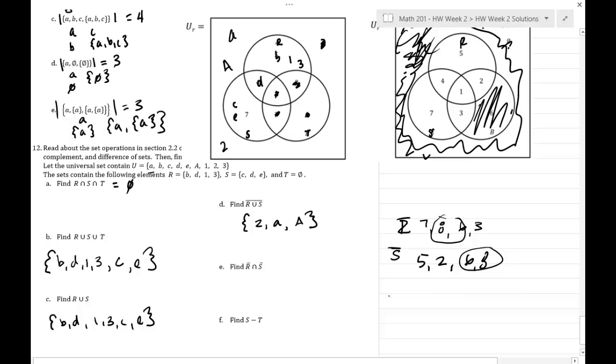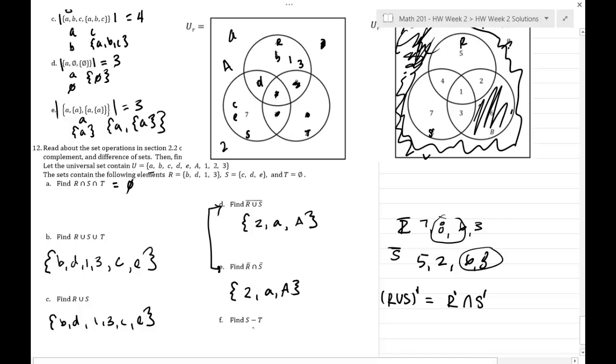So actually, this is De Morgan's laws for sets. If I take the union of two sets, I'll use the other notation here if you're more comfortable with this, that's the same as the intersection of the complement of both. If I look at regions 6 and 8, there's nothing in region 6, right, because T is the empty set. So all I have is 2, a and capital A. So notice that D and E are the same sets.